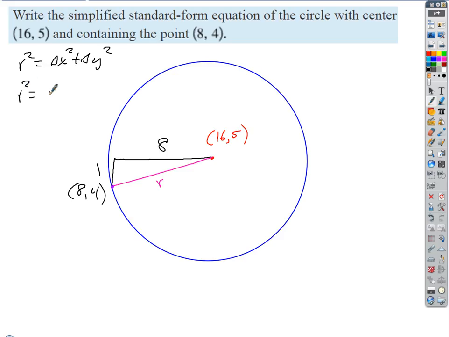So 8 squared plus 1 squared is 65, right? If I square root both sides, that's my radius. So then what would the equation of that circle be?